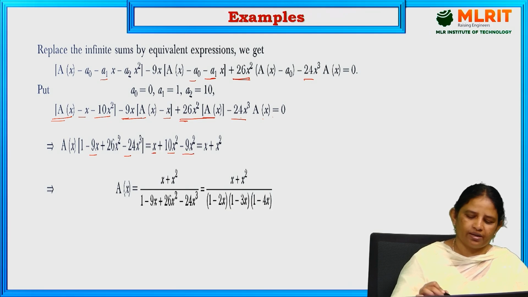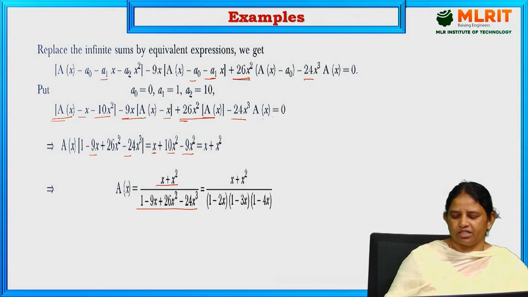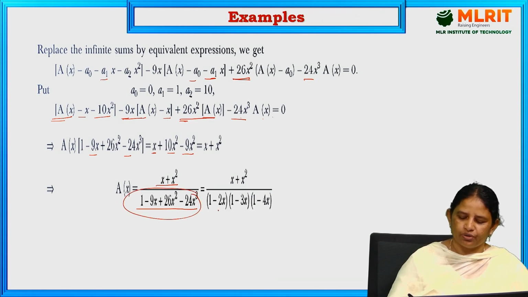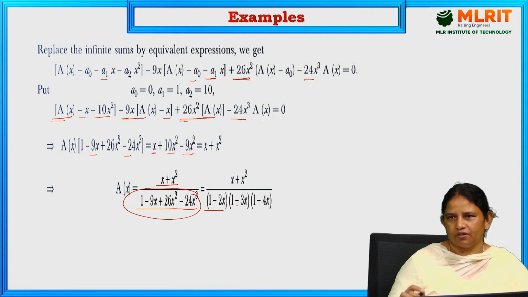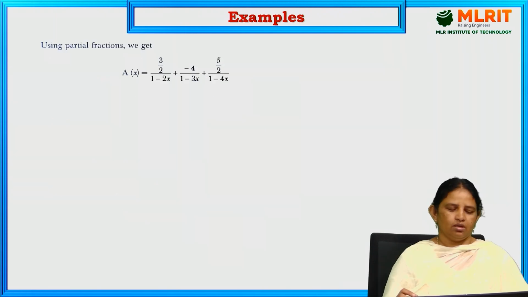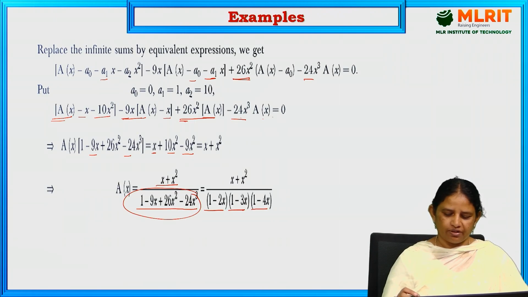So 10x square minus 9x square is x square. x plus x square by 1 minus 9x plus 26x square minus 24x cube. After deriving these values, we are going to get 1 minus 2x. So the first fraction is 1 by 2, second fraction is 1 by 3, third value is 1 by 4. That is, after substituting, we have to get the values.